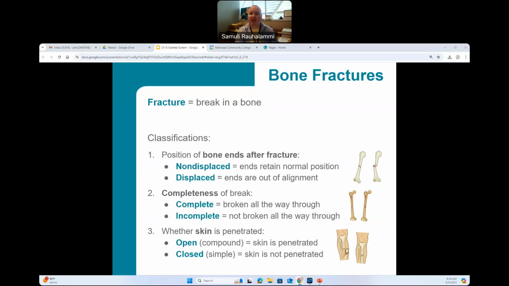So we can see simple, or what's sometimes referred to as closed fractures. Here the bone ends are aligned manually, and then they are just casted or wrapped to secure that they stay together aligned nicely. We can also have compound, or what's known as open fractures. Here we see that surgical repair with pins, screws, and bars might be needed.